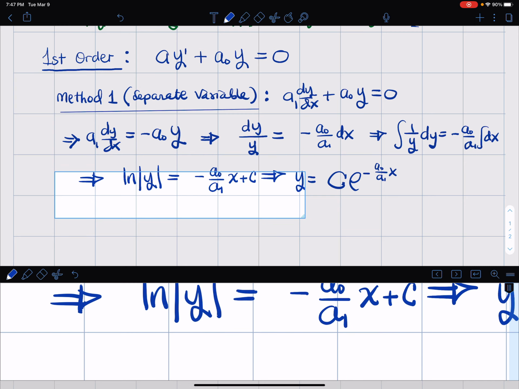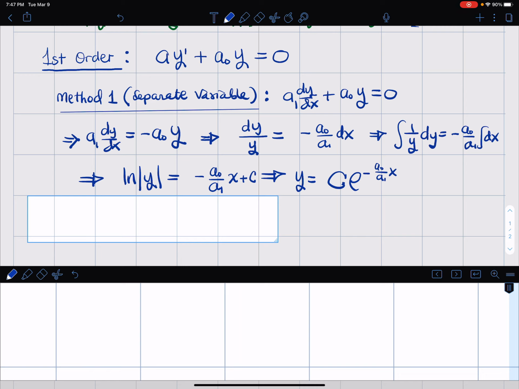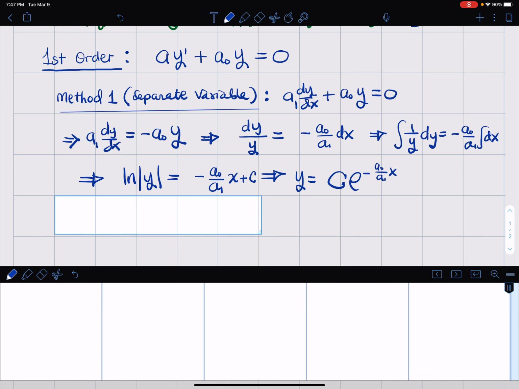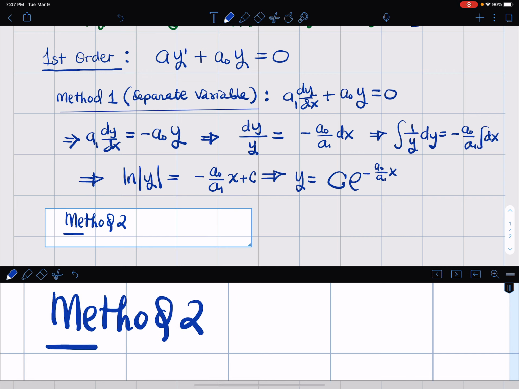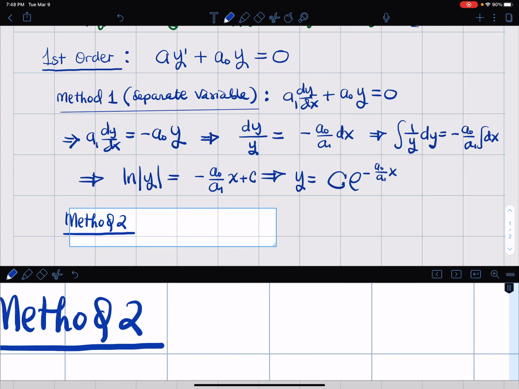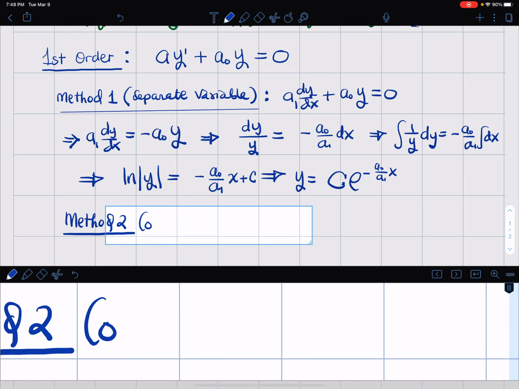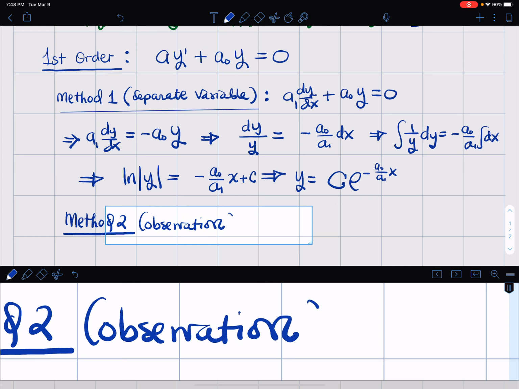And we can also do it as a linear equation. I'm going to introduce a new method here, call it method 2. For method 2, we're going to go by observation. I don't have a name for it, so I'm going to call it observation. So what are we observing?